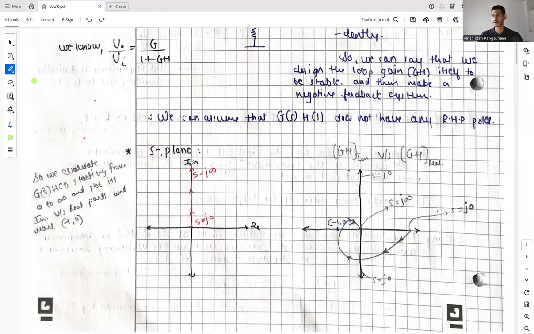So we have our G(s)H(s) function and its S plane. In the S plane, we go from s equals j0 to s equals j infinity.